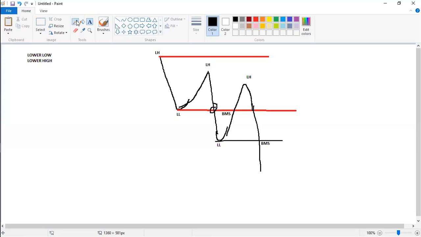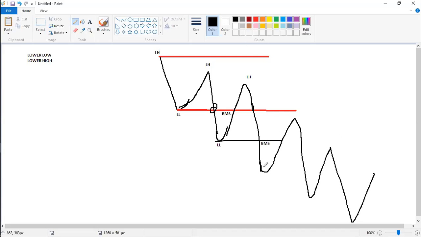So this is the downtrend: lower low, lower high, lower low, lower high, lower low, lower high. And these are all BMS here. This is the BMS. This is the BMS here. This is not a BMS. This is not a BMS. All right, so that's the downtrend.